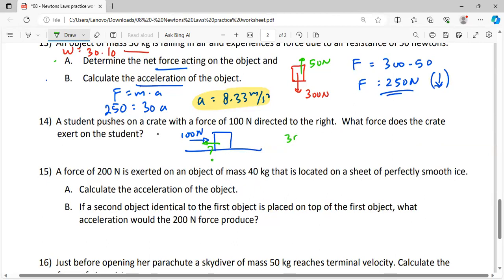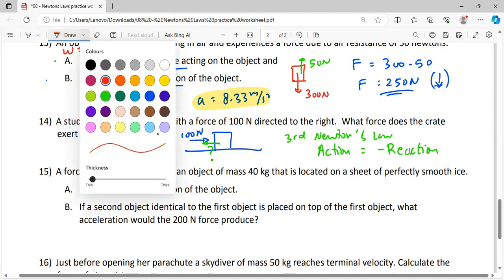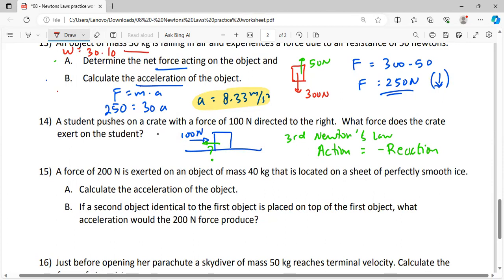Based on Newton's third law, every action will give an equal reaction, but in the opposite direction. So the value of the force that the crate exerts on the student is 100 Newton. Basically, it's going to the left. It's equal, but just in the opposite direction.